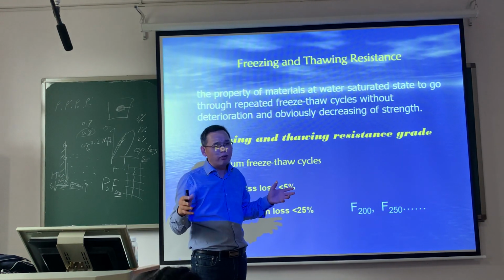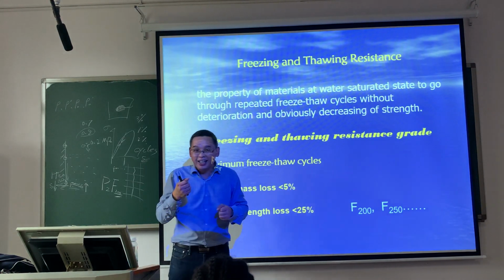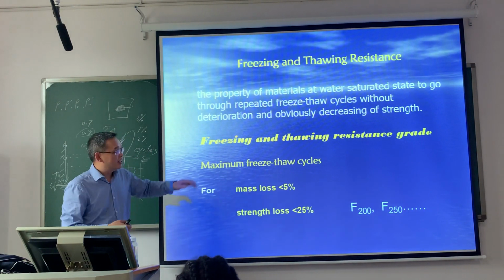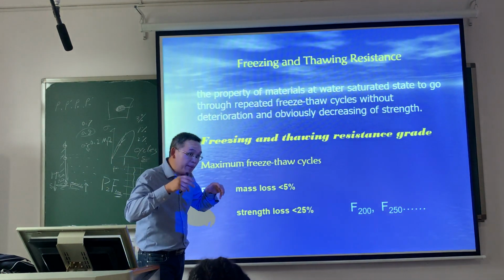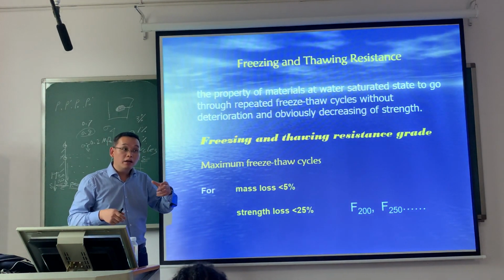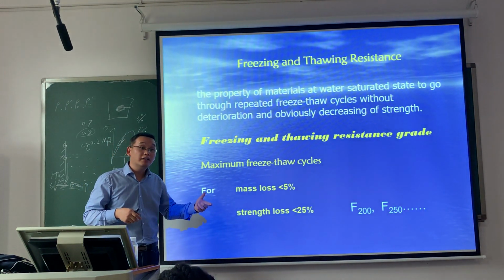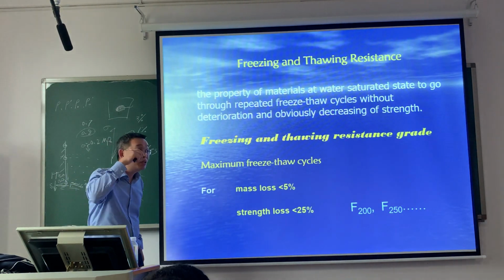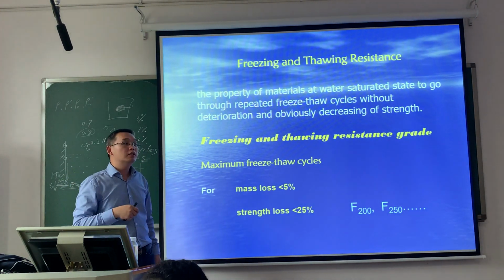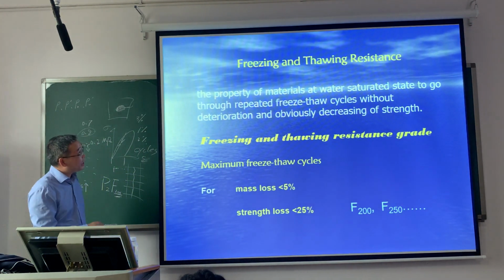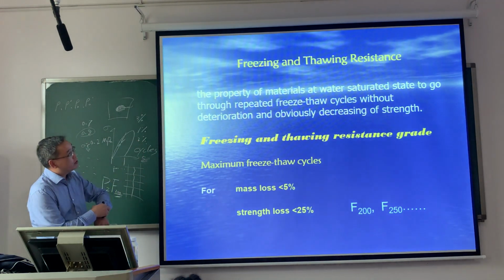It's not very good, but maybe it is very close to you. But places like Beijing, Heilongjiang, Inner Mongolia, because the temperature in winter is very low. So this is the freezing and thawing resistance.